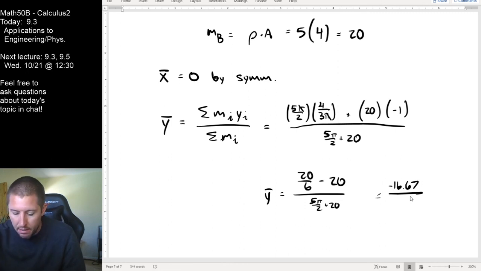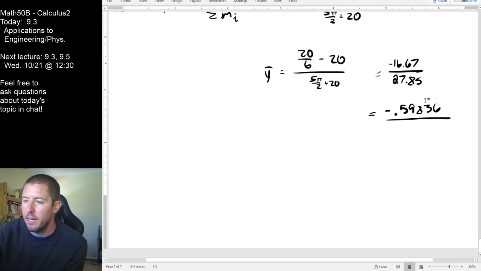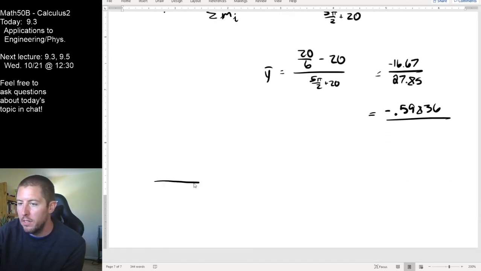And I'm getting -0.598. So it looks like the overall center of mass of this object is going to be located just below the x-axis here.